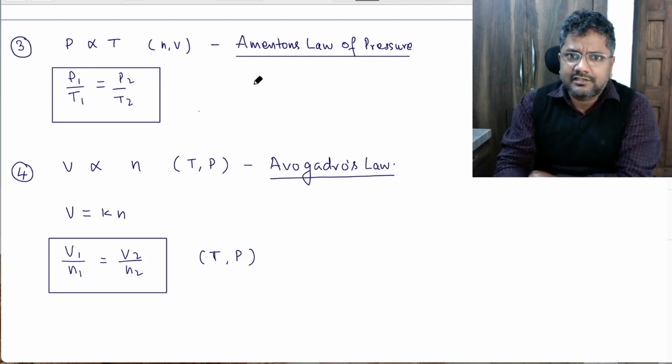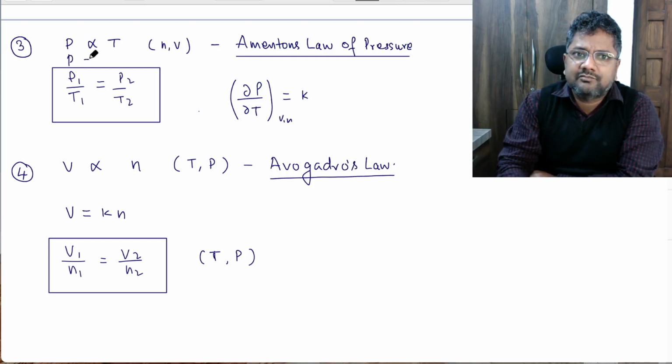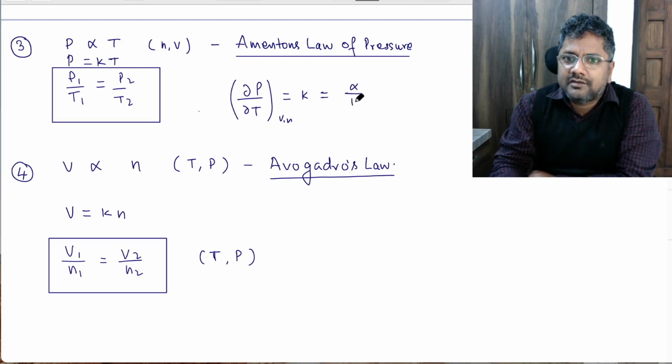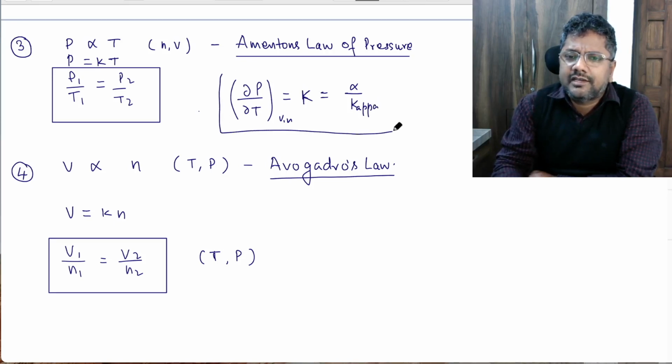See, if you take this del P by del T at constant V and N, this is equal to K. If you take the differential of the equation P is equal to K into T, you will find this is equal to alpha by kappa, right? This is K and this is kappa. So if you want, you can derive this expression.